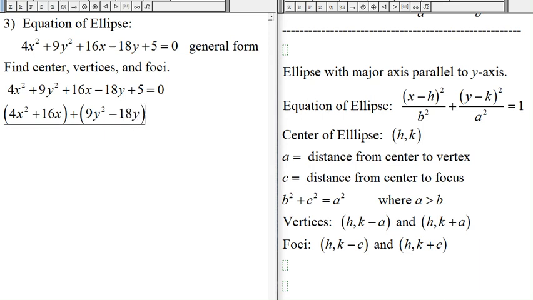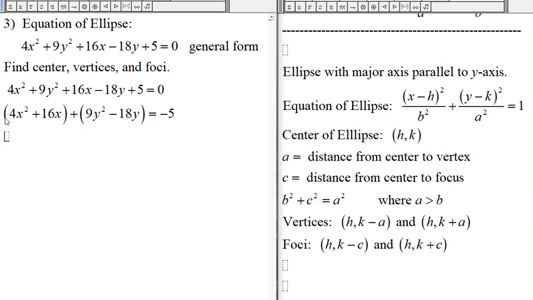And then bring everything else to the other side. So this term has an x, this term has an x, so we group them together. Then this term has a y and this term has a y, and we group them together. And then the 5, move it to the right side. And once again, if it's plus 5 on the left, when we move it to the right side, it becomes minus 5.